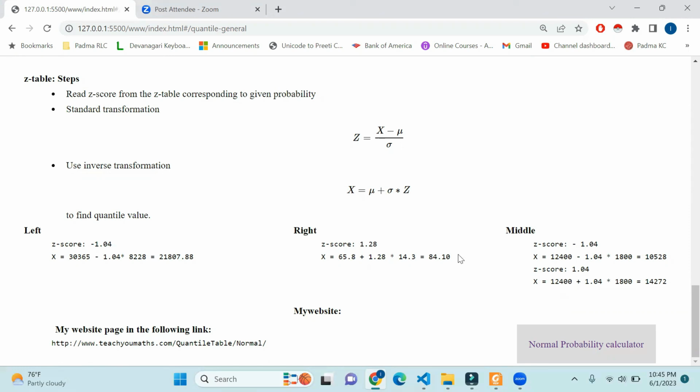So the left quantile is 21,807.88. Right quantile is 84.10, and the lower middle quantile is 10,548, and upper quantile for middle probability is 14,272. This is how we can find quantiles of a normal distribution using different methods.